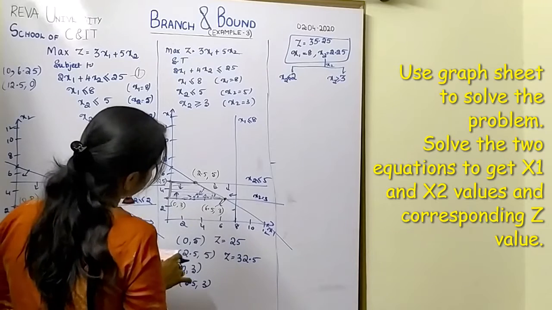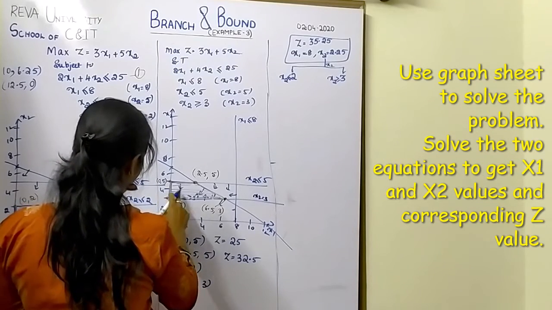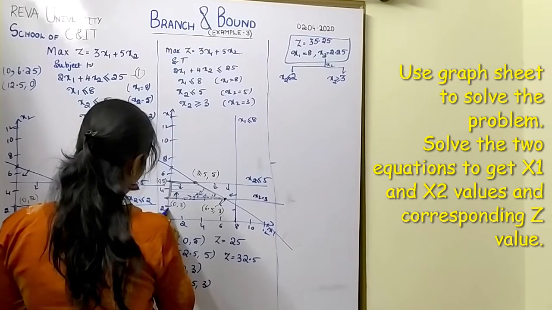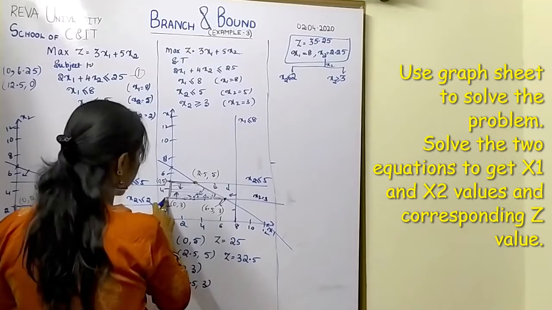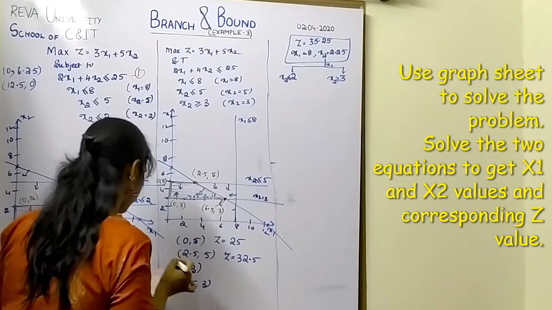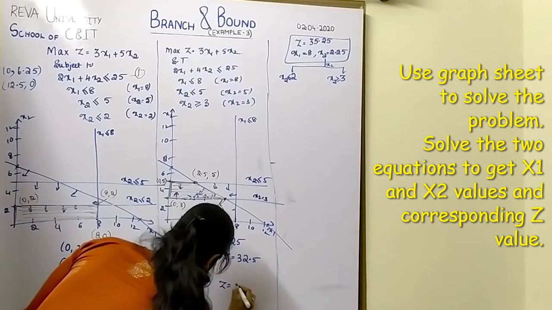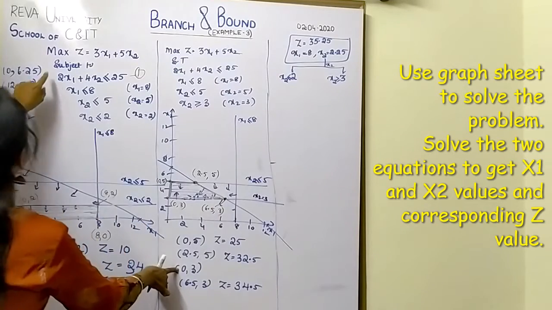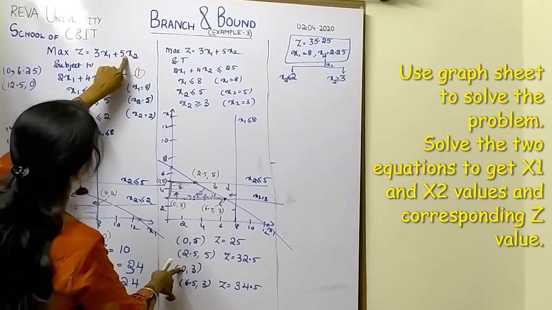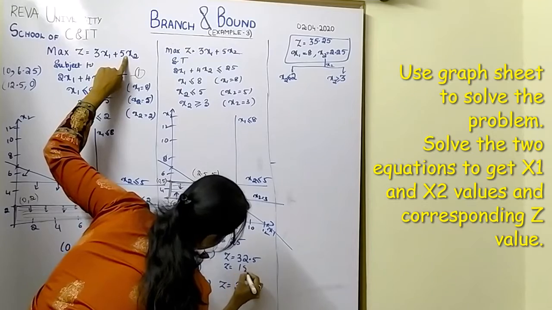For (6.5, 3), z value will be equal to 34.5. For (0, 3), substitute 0 here, 5 threes are 15.